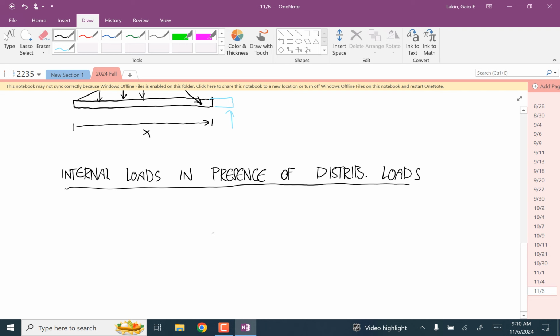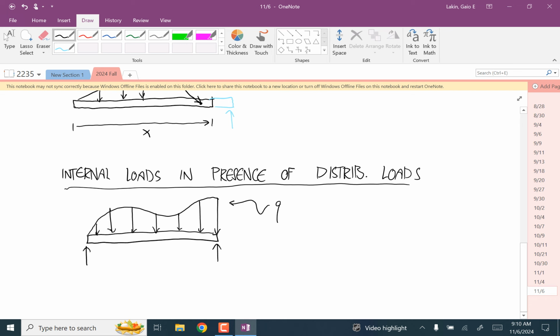So let's say that we have a body like this, and we just have forces here supporting it, and then we have this general distributed load function. We're going to call this Q of x. That's what we're always going to call this distributed load function. And we're always going to assume that this is down. So down is a positive value of Q.